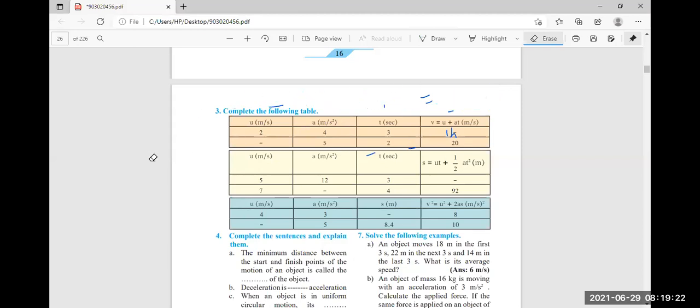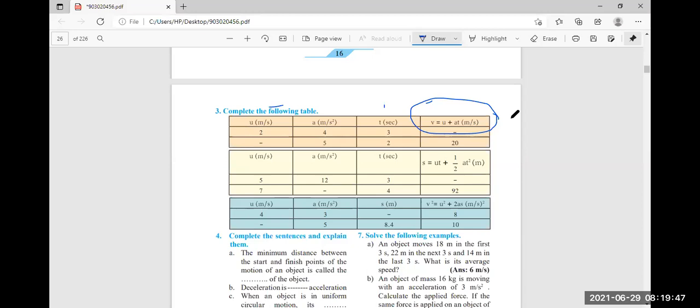Okay. Now we'll see the next problem. The second table column we have to take now. U is given as 5, A is given as 12, T is given as 3. Now I want to ask one question. This equation is mentioned here. Is it Newton's first equation, second equation or third equation? First equation.